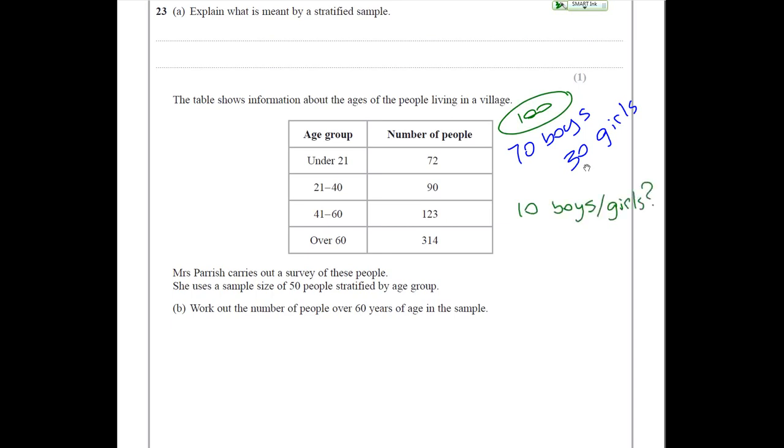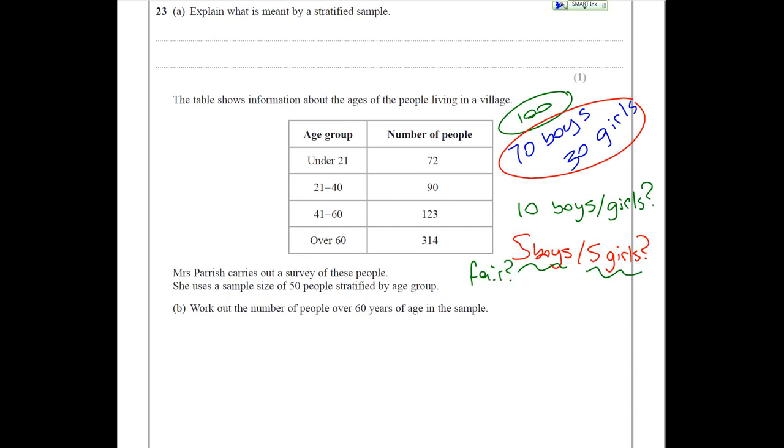Would you just pick 5 girls and 5 boys? Maybe you would. However, does that represent how many we had in the original group of people? There were loads of boys, not many girls, and yet you've picked the same amount of boys and girls. Is that fair? Or is it not fair?